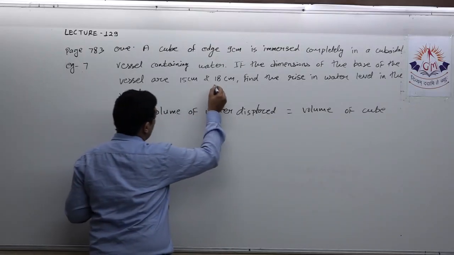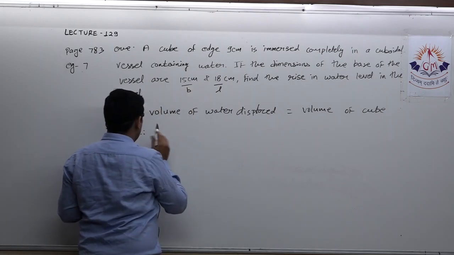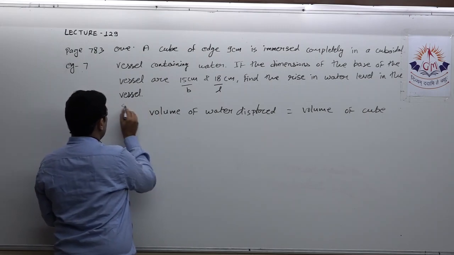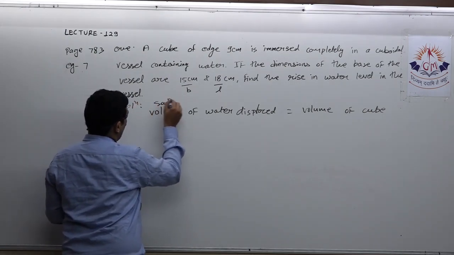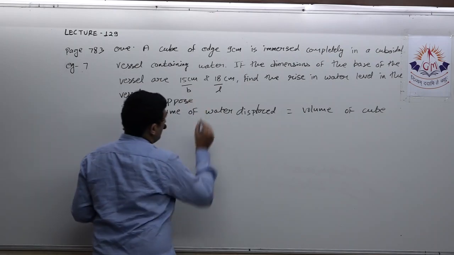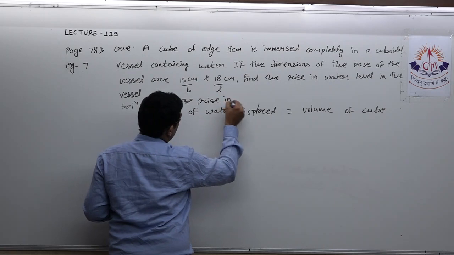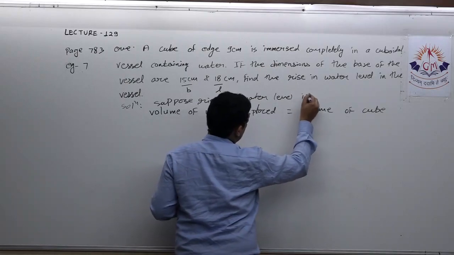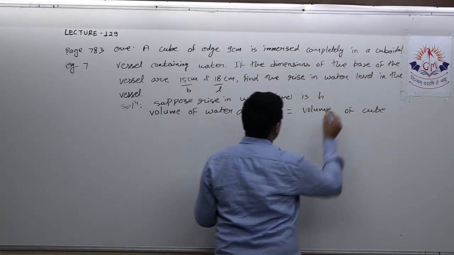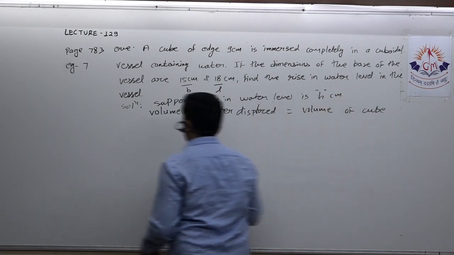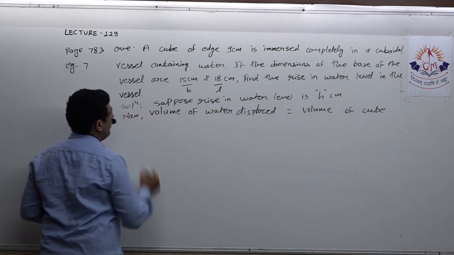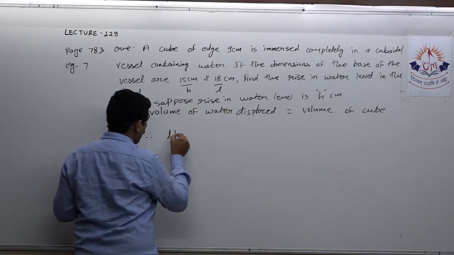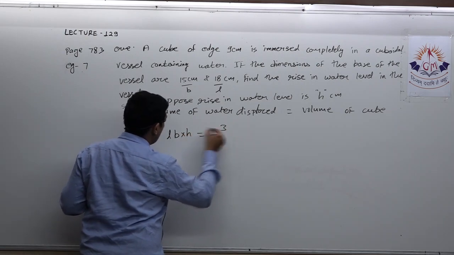Here this is the length L and this is the breadth B. Now suppose the rise in water level is h centimeters. Now volume of water displaced is equal to volume of cube, and therefore L into B into H is equal to a cube.